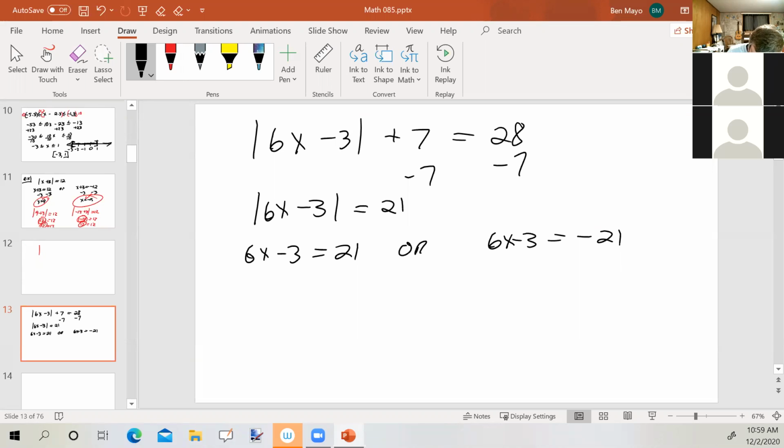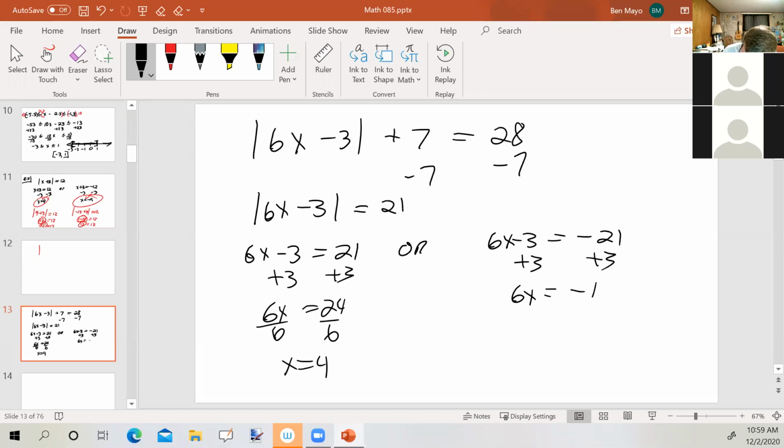Solving the first, the left equation, adding 3, we get 6x is 24, divide by 6, x is 4. Solving the right side equation, adding 3, we get 6x equals what? Negative 18. Divide by 6, x equals negative 3. Let's check our answers.